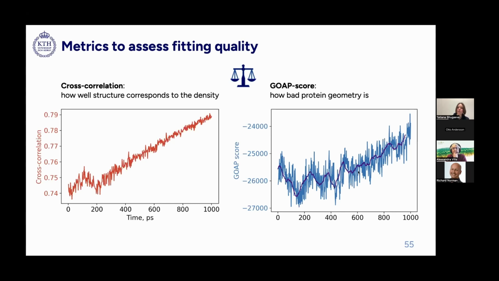We see that closer to the end of the simulation, GOP score starts to increase, which demonstrates that some overfitting happens, and probably we want to pick a frame somewhere where cross-correlation is already big, and GOP score didn't start to increase. For strategies on how to do that, you can check the AlphaFold preprint that I showed before, for example.